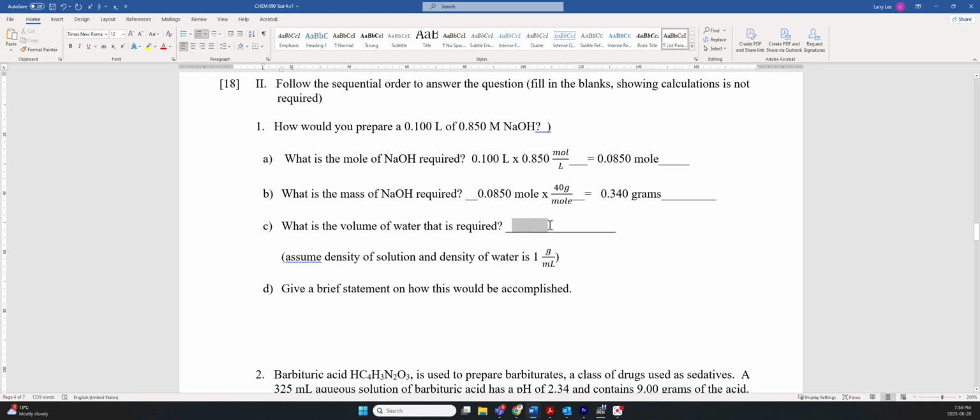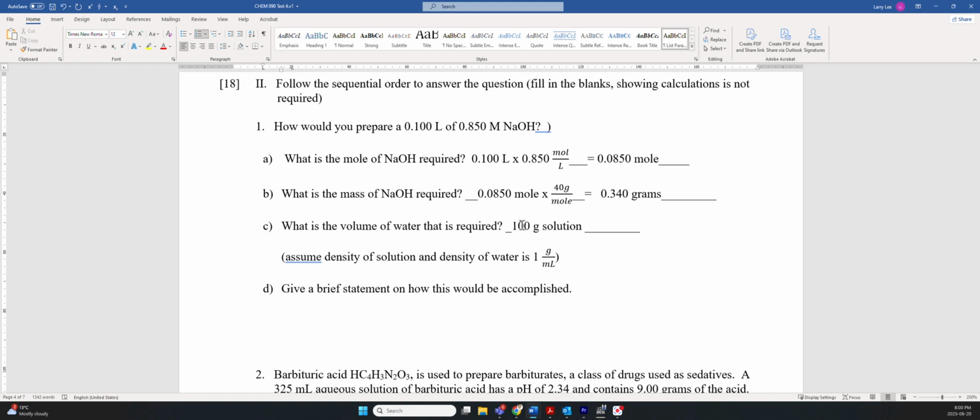What volume of water? This is a little bit tricky. Now remember, the solution is 0.100 liters. Solution volume. The solution is composed of the solute, sodium hydroxide, and water. So what you have to do is assume 100 milliliters is equal to 100 grams of solution.